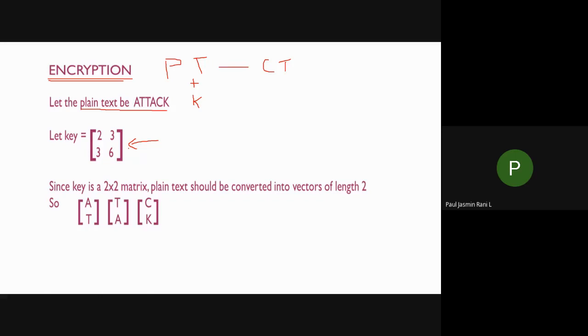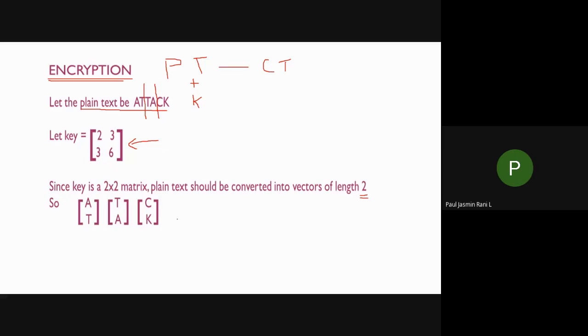If it is a 2 cross 2 matrix for a Hill cipher, then you have to split your plain text in the length of 2. So attack should be split as AT is one partition, TA is another partition and CK is another partition.